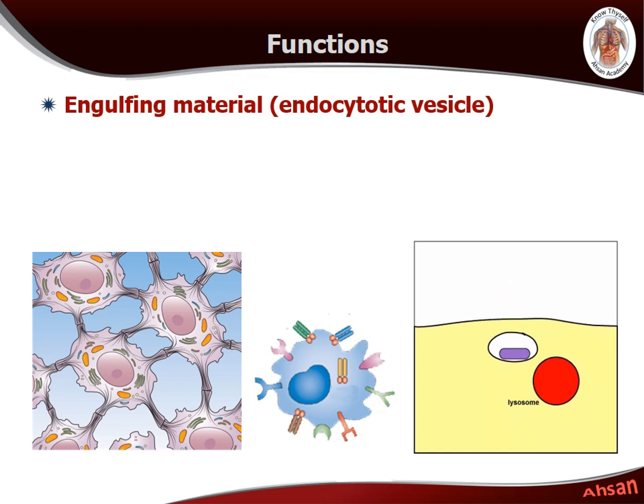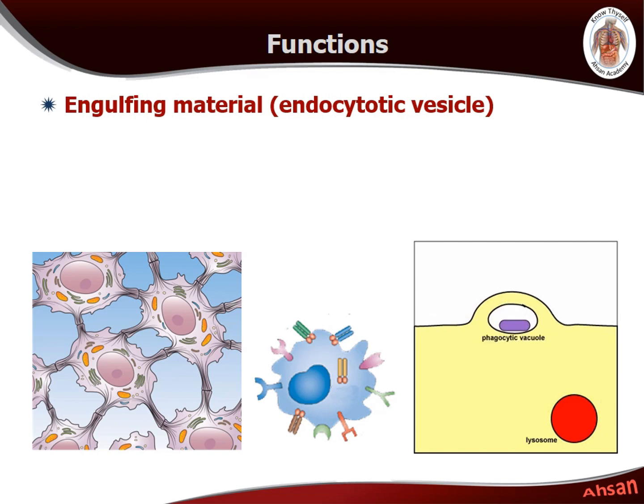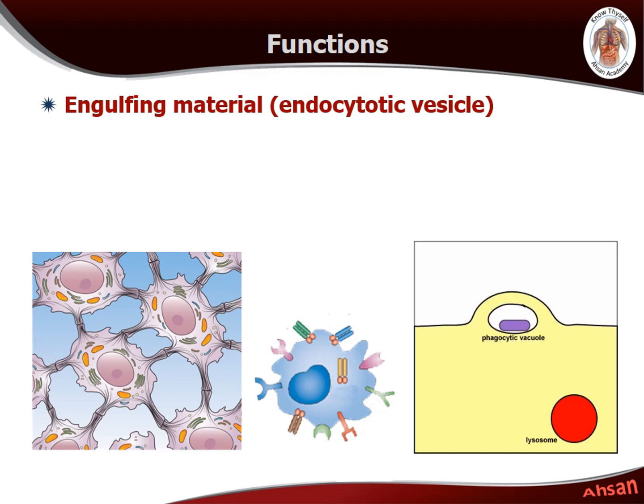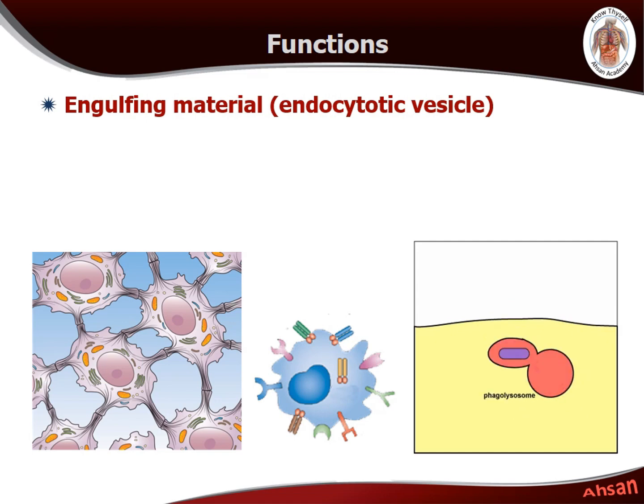This is known as endocytic reaction or phagocytosis, and the vesicle formed is an endocytic vesicle, or more specifically a phagocytic vesicle, and if it takes fluid, this is a pinocytic vesicle or pinocytosis. So this engulfing of material is done by the plasma membrane present outside, so that this particulate matter cannot do any harm to the cell.